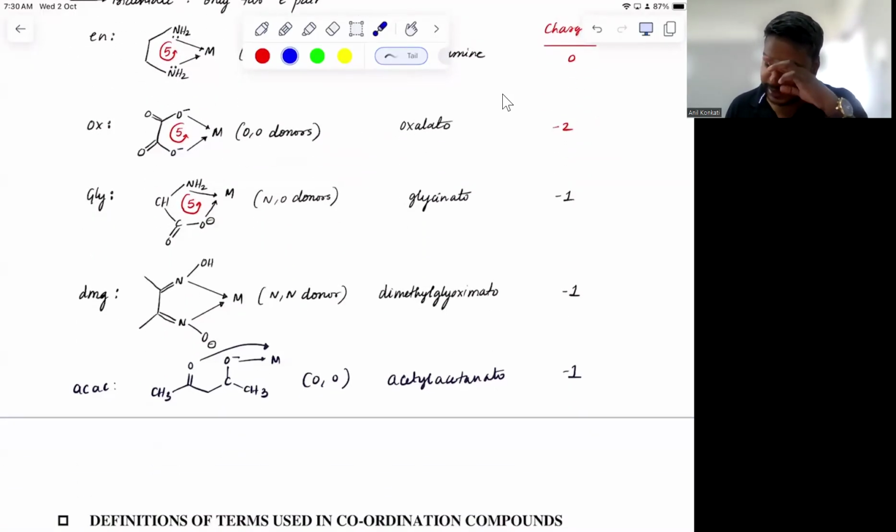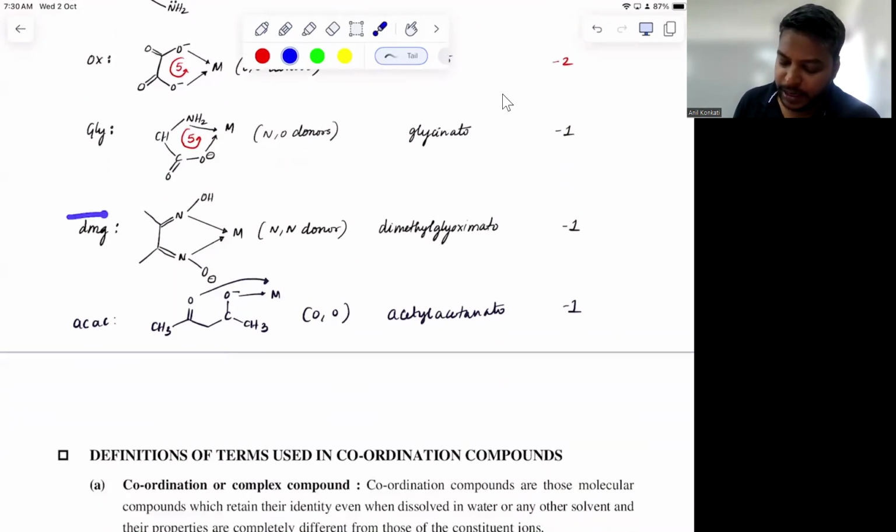Gly, known as glycinato. This is called glycinato, where from one end it is NH2, from the other end it is O-, as they connect. Charge is -1 in this. DMG. In case of DMG, the connection is from both nitrogen ends, a 5-membered ring here.